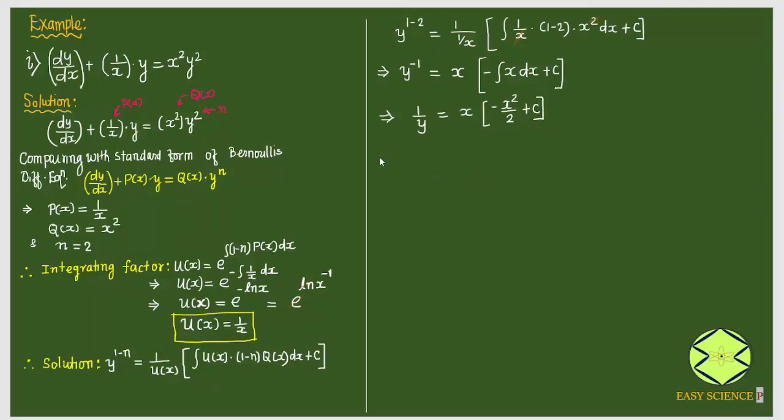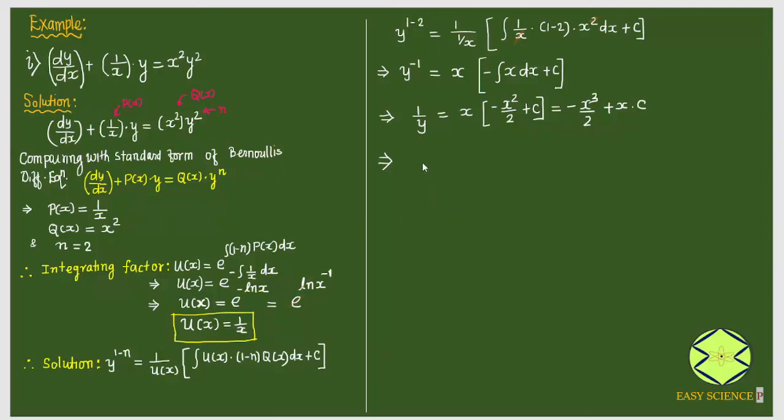So in the solution, basically we are interested in the value of y. If I bring y to that side, the whole thing would come to this side, which is further simplified to x into x square is x cube by 2, so minus x cube by 2 plus x times c.